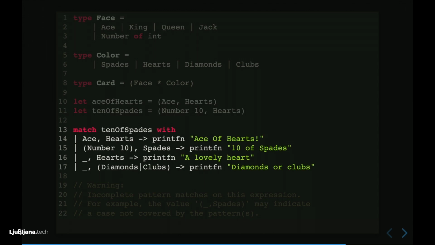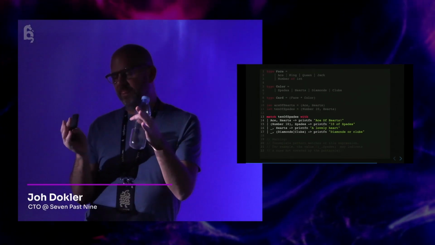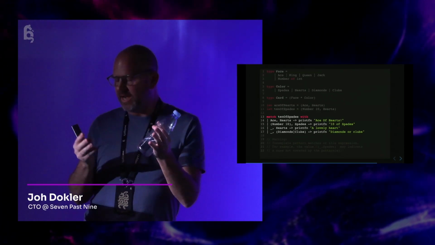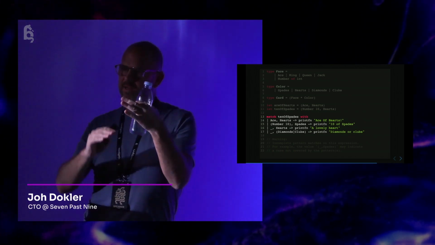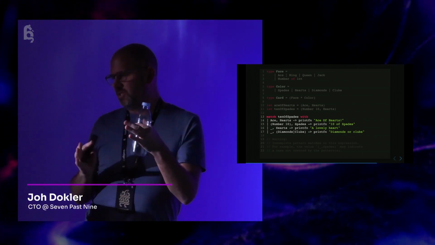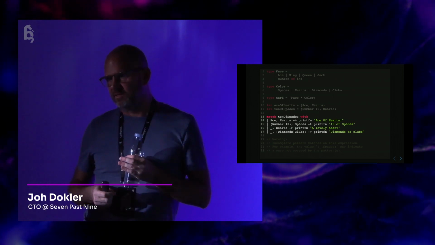When we are dealing with sum types, we are usually using something called pattern matching. Basically, what this does is you take your value, and then you deconstruct it into the different options of how it can be constructed, okay?